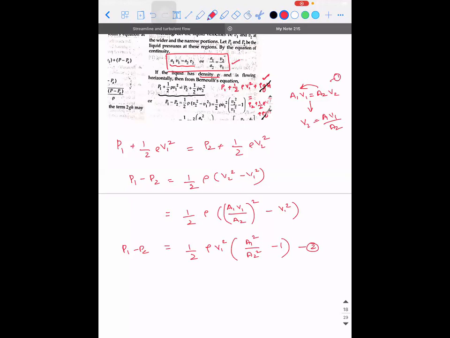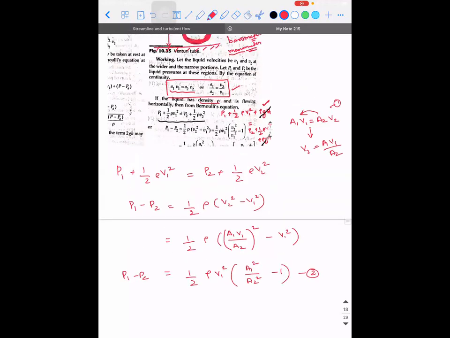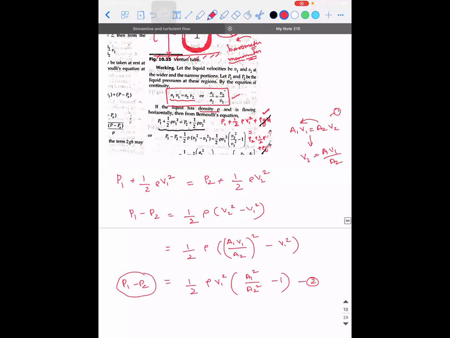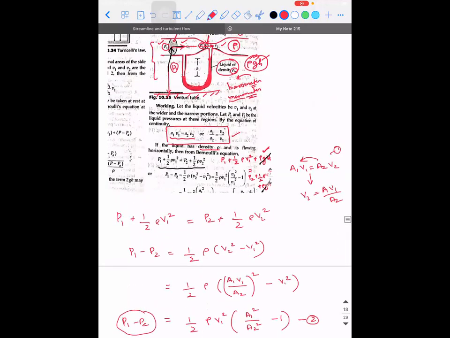Okay, we are almost done with the derivation. P1 minus P2 is the pressure difference between the broader end and the narrow end, right?